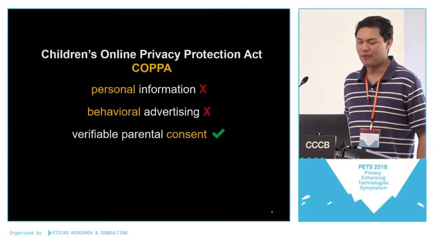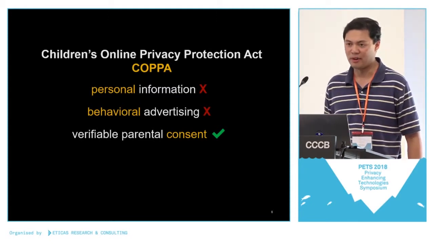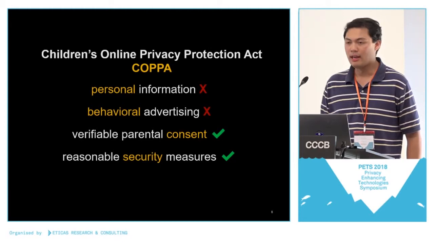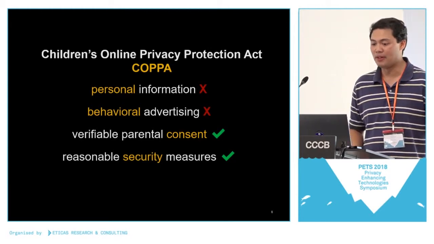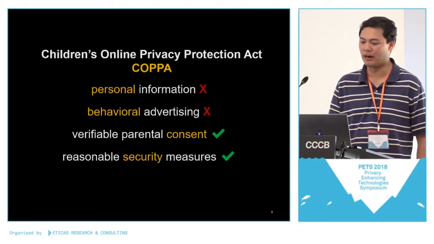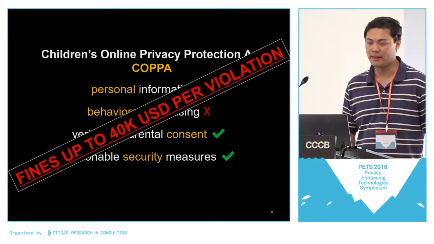Now, verifiable parental consent might take on the form of something like credit card verification or a phone call, among other methods. It also asks that app developers and service providers take reasonable steps to protect the security and privacy of end users. And this thing has teeth.